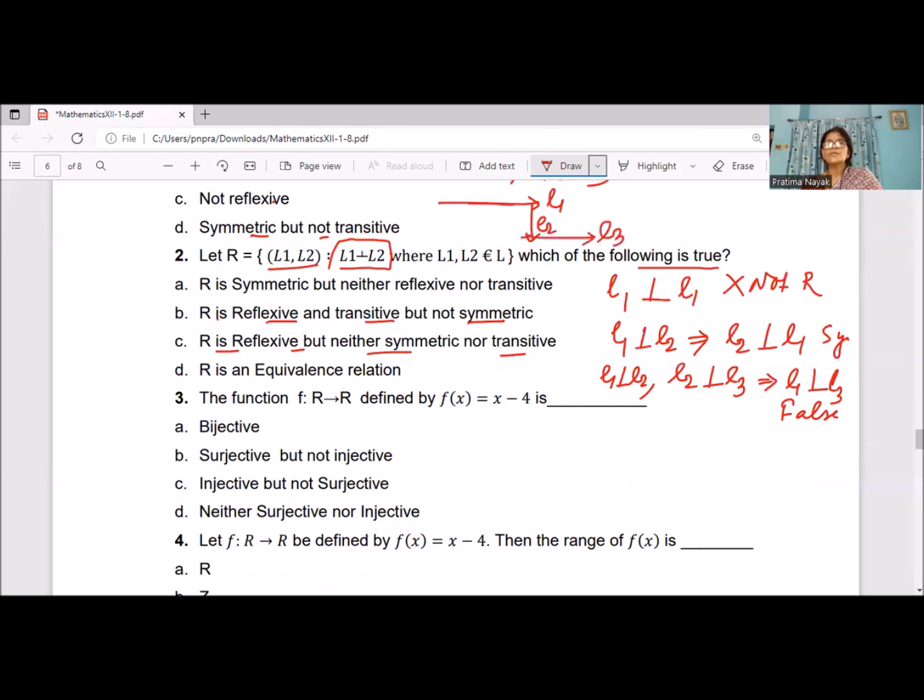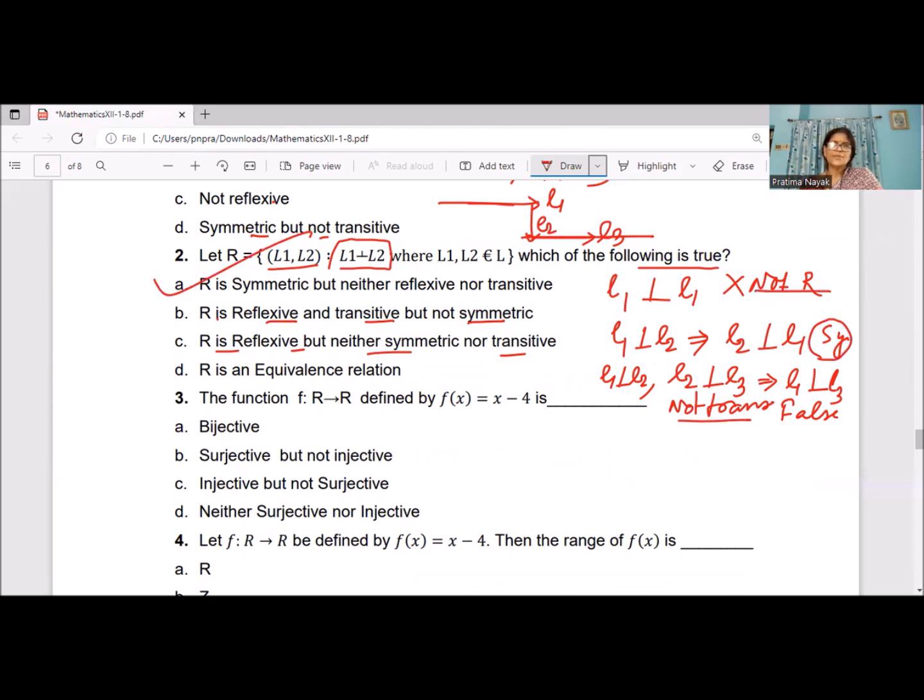Then what about L1 and L3? They are not perpendicular. So it is not transitive. Which statement will be true? It is only symmetric, neither reflexive nor transitive. So A is the correct option.